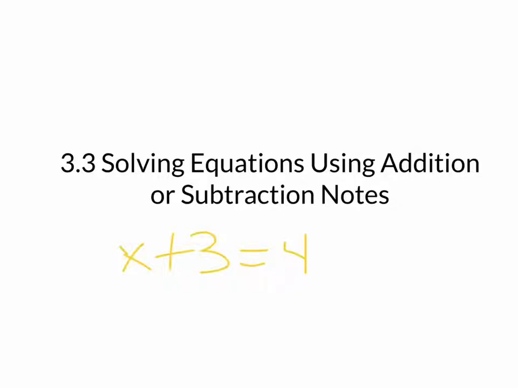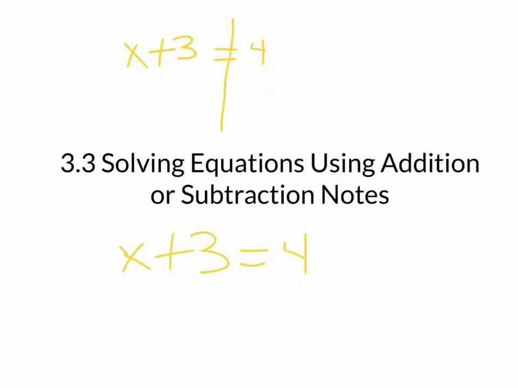In order to solve an equation, you're going to do the inverse. The inverse of addition is subtraction. So if I had x plus 3 equals 4, in order to get rid of that plus 3, the first step is you draw a line down the equal sign.